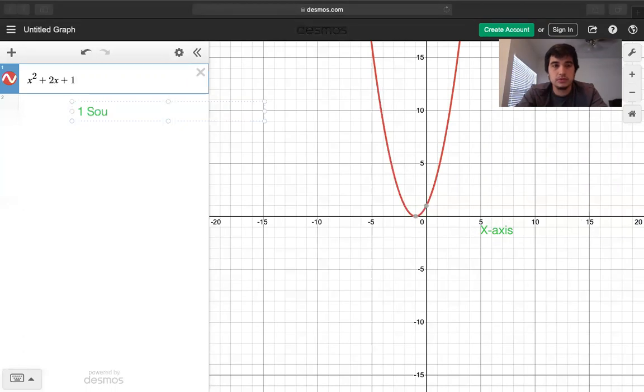One solution because the parabola touches the x-axis one time, okay? Easy, right? It touches it one time, it has one solution. That's it. That's all you got to do. Okay. Now, last example. Hopefully you can kind of see where this is going.